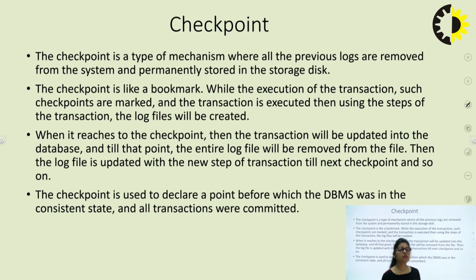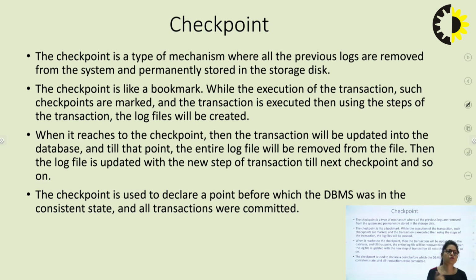Now the next point is checkpoint. What is a checkpoint? A checkpoint is a type of mechanism where all the previous logs are removed from the system and permanently stored in the storage disk. The checkpoint is like a bookmark. During the execution of the transaction, such checkpoints are marked and the transaction is executed.